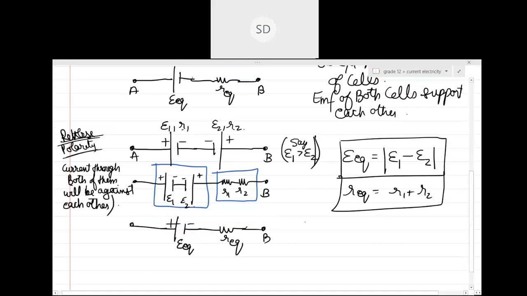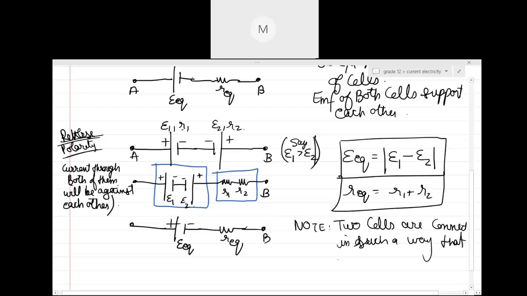So the note which you'll write: when two cells are connected in such a way that EMFs oppose each other, this is called a subtractive combination.